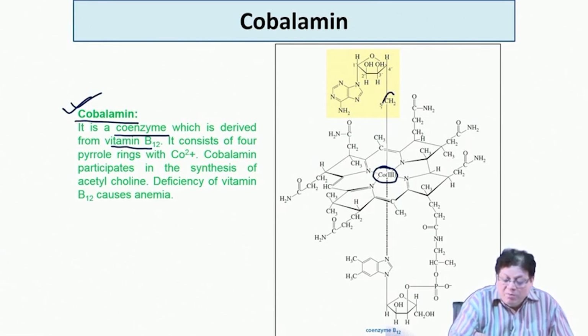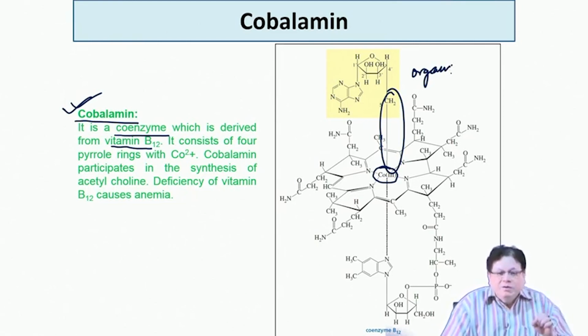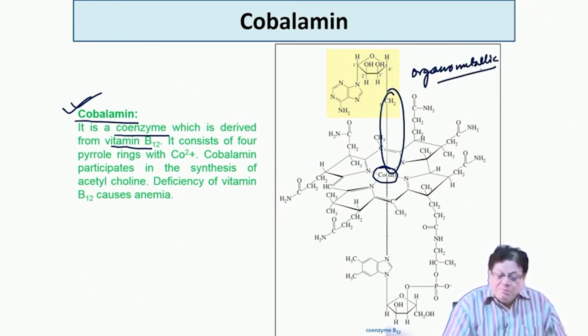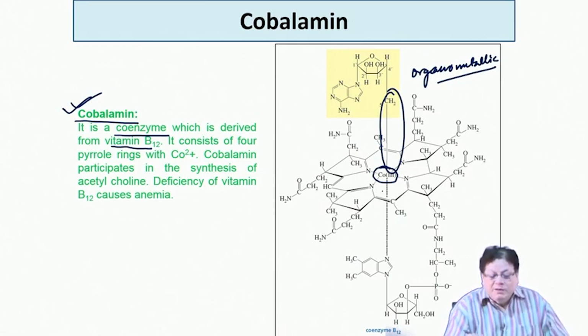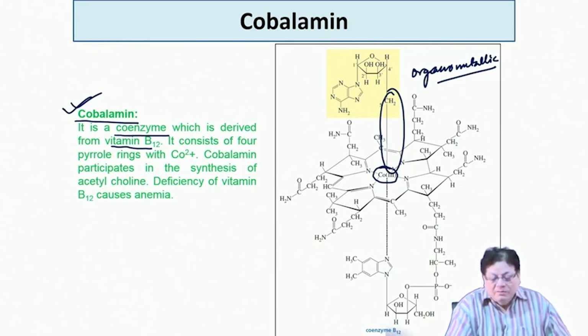That means it is an organometallic system, because organometallic means there is a carbon-metal bond. There is an organometallic bond between the CH2, that is the 5 prime CH2 of the adenine, in the form of adenosine, because this is attached to the sugar.